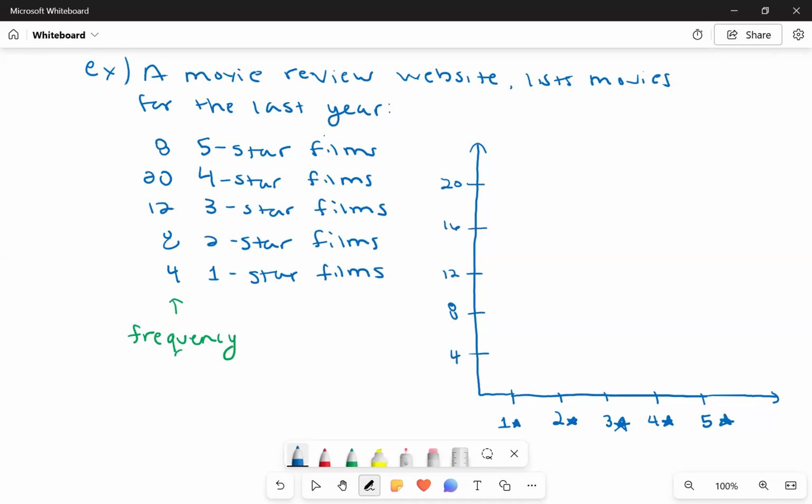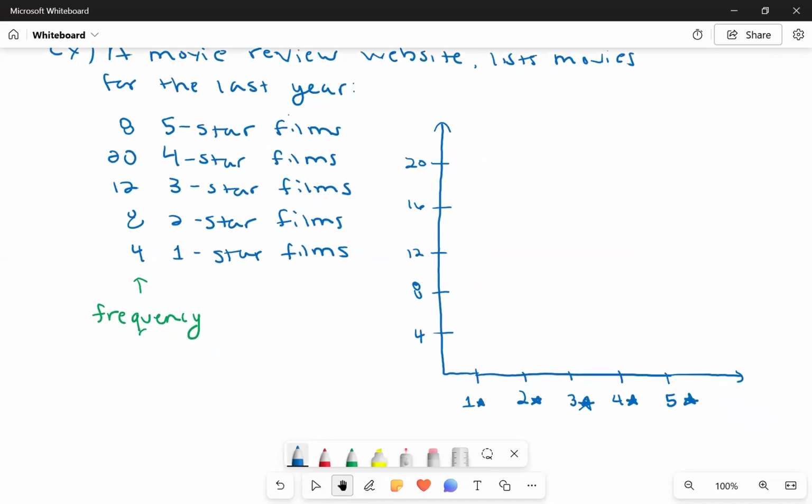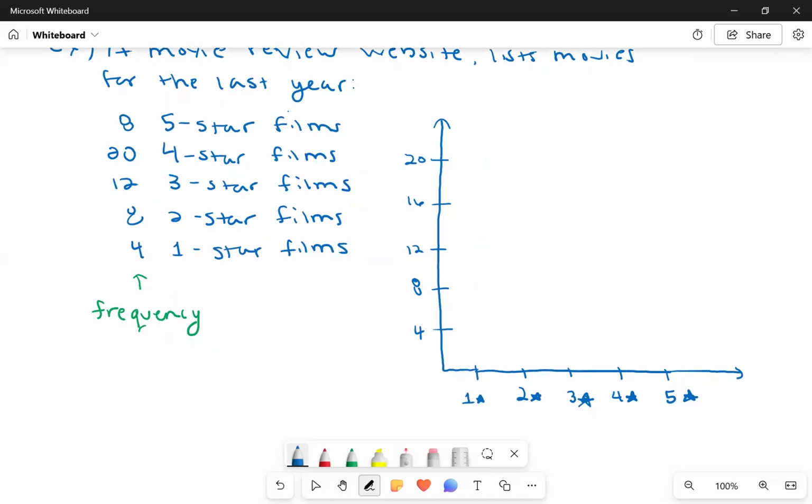Okay, now, big thing, take a sec, maybe make a note. You definitely need to label your axes. So even though it's clear we're calling these stars, these would be number of stars. This would be number of films, or you could put frequency. Both would be acceptable.